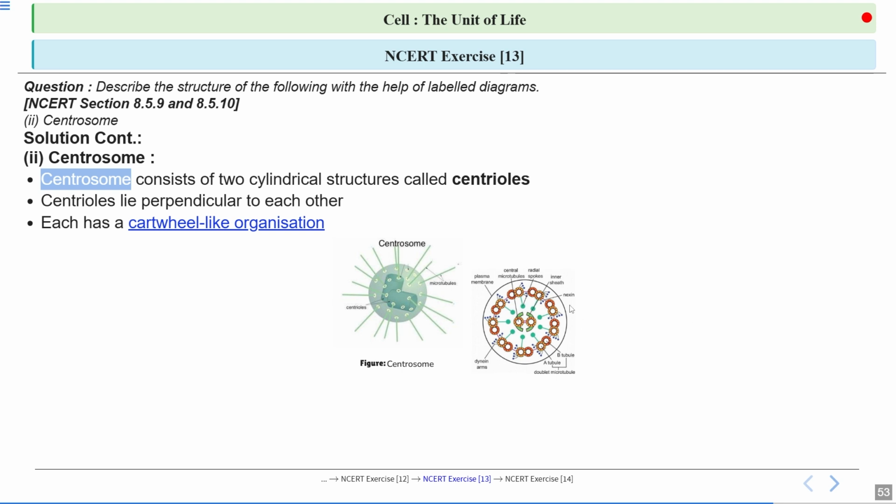You can see this axoneme is present in the cilia and flagella, which have a 9+2 arrangement: doublets of microtubules on the periphery, and in the center two microtubules. So this is the 9+2 arrangement of the axoneme present in cilia and flagella. But here we are talking about the centrosome. They have a cartwheel-like organization.